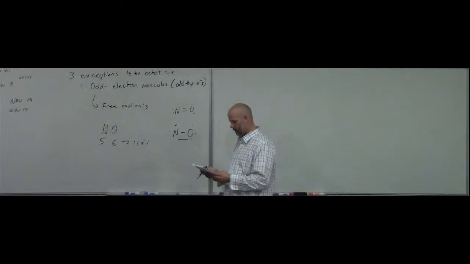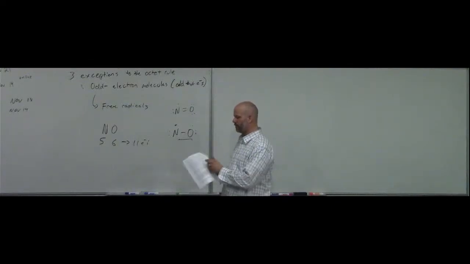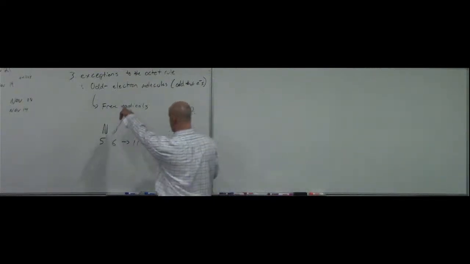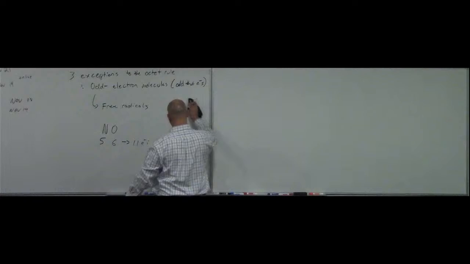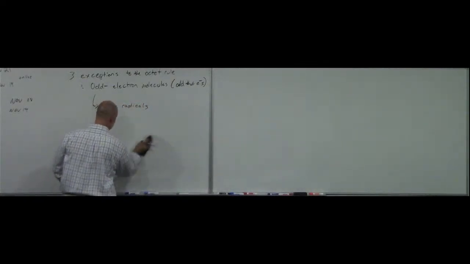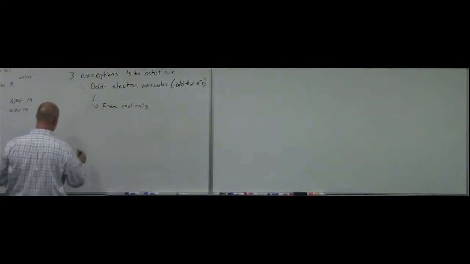Should we do any others while we're at this? Really good similars. Okay. Let's go do electron deficient molecules. That's our second. So we did the odd electron molecule, the free radicals. Now we're going to do electron deficient. That's our second example.